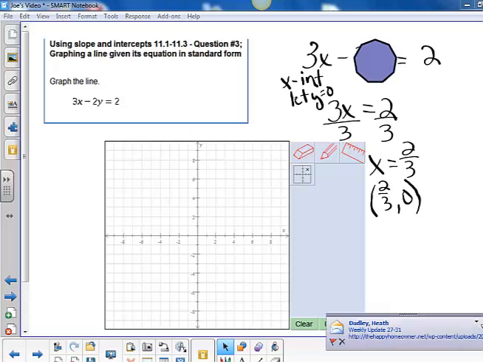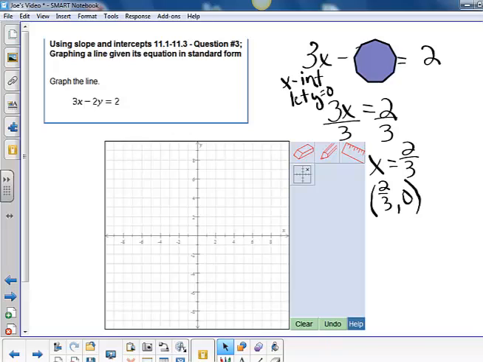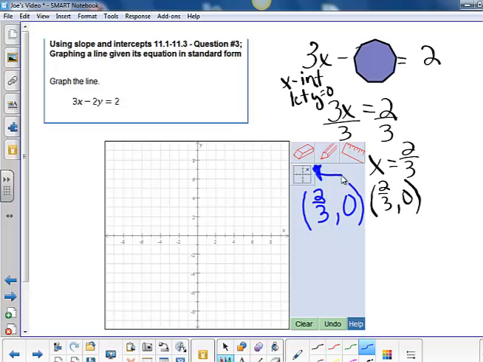To graph this, you have to use the graphing tool right here. We talked about this in class, and I did a couple of problems with it. Because you have a fraction, when you click on the graphing tool, it'll bring up a little box that allows you to input the fraction and then hit graph, and it will automatically plot that point for you.